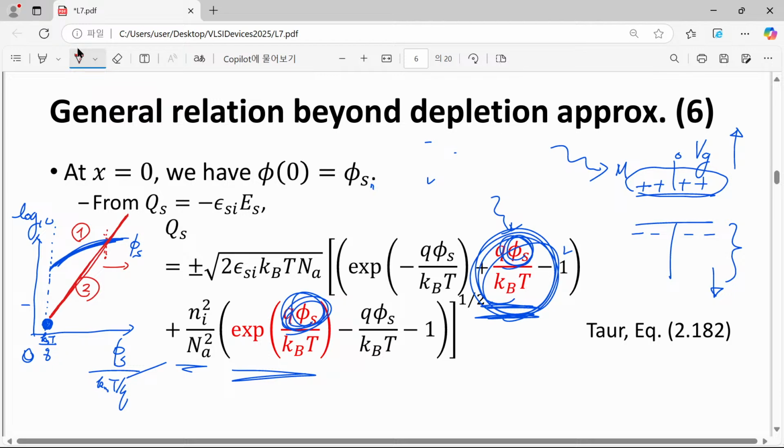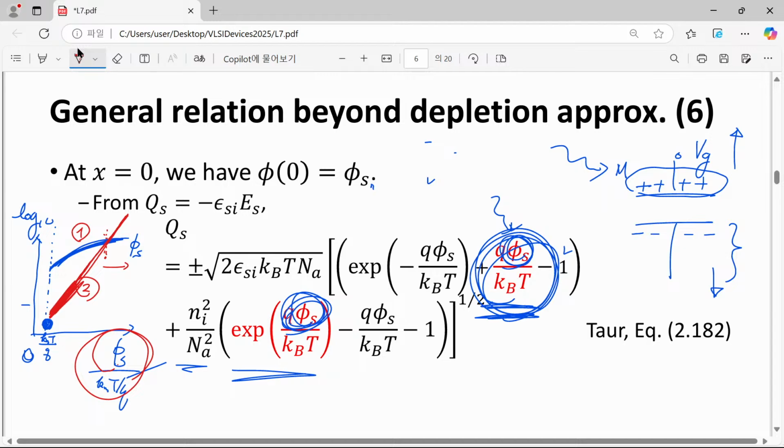So although for relatively low surface potential we have a negligible electron density, at least their dependency is really exponential.